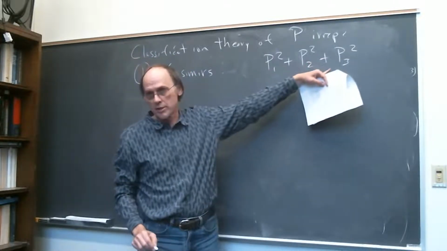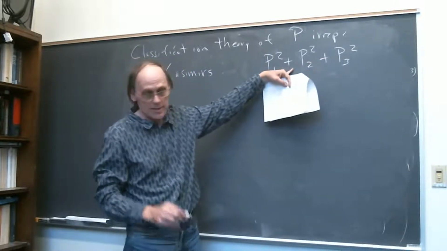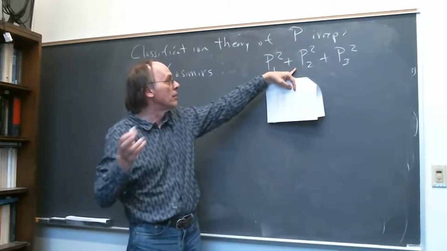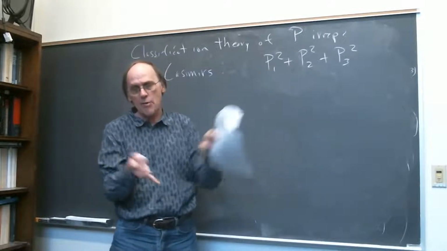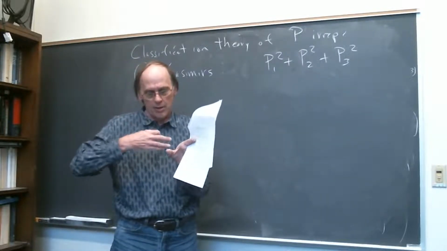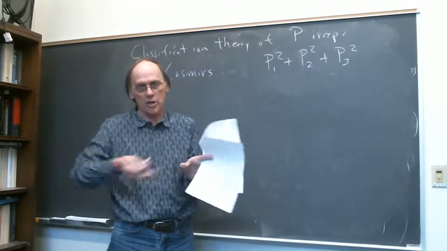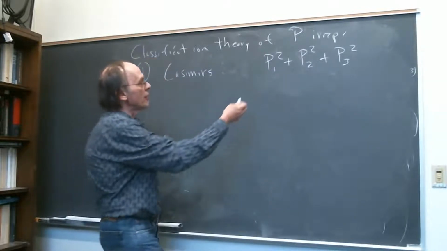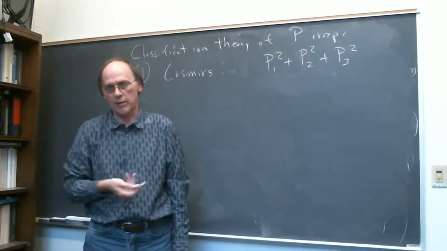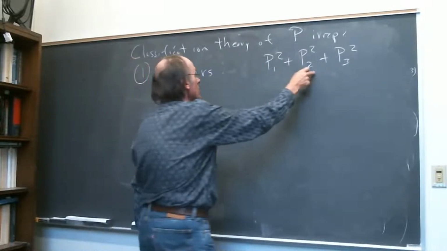This acted on functions in R3. This is basically the Laplacian in 3 dimensions. But now we've got functions of x1, x2, x3, but also x0, and we want to find an operator which is invariant under the action of the Lorentz group. So what you do is you just add this.